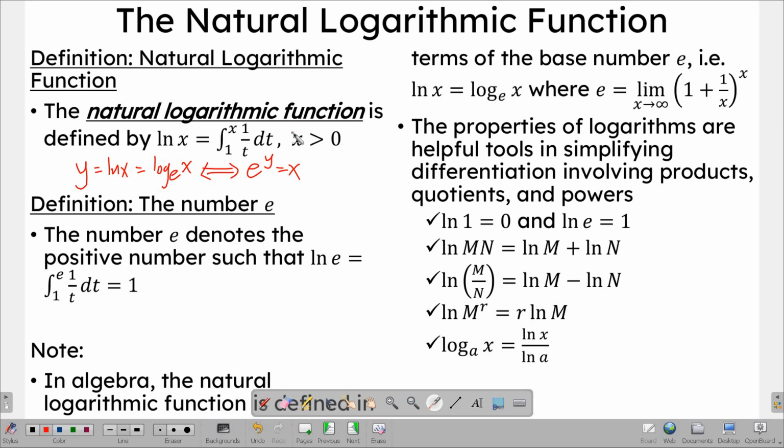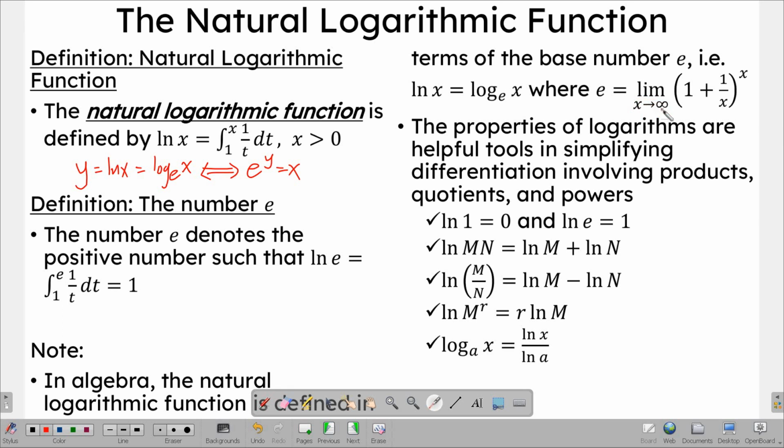With that being said, the definition of e in calculus is that the definite integral from 1 to e of 1 over t dt is equal to 1. In algebra, e is actually the limit of (1 plus 1 over x) raised to x as x approaches infinity.